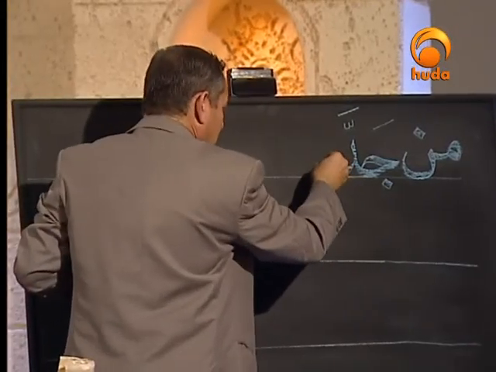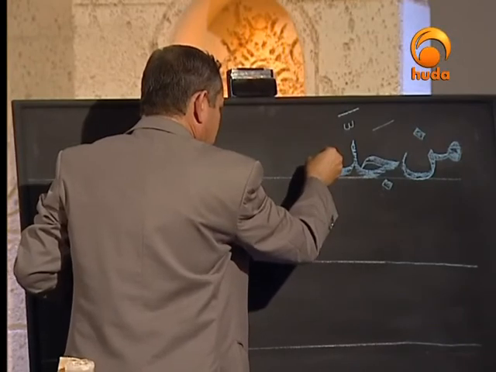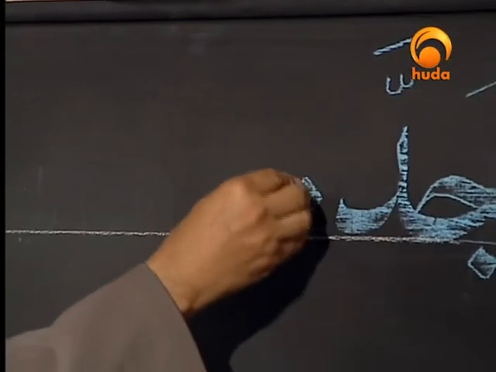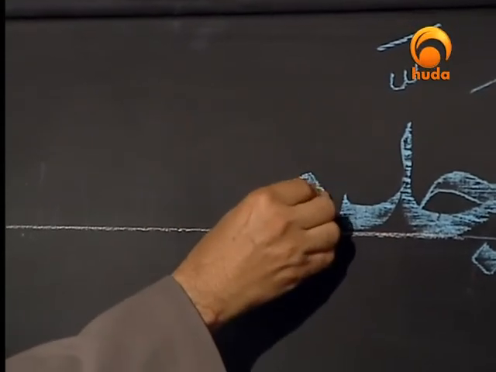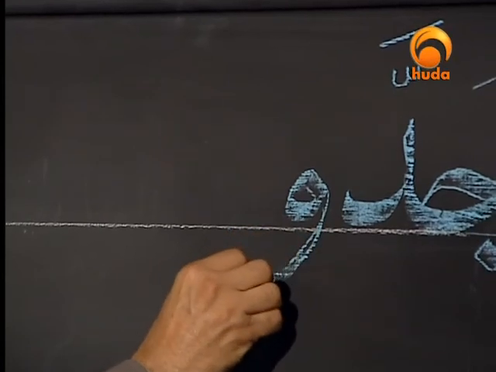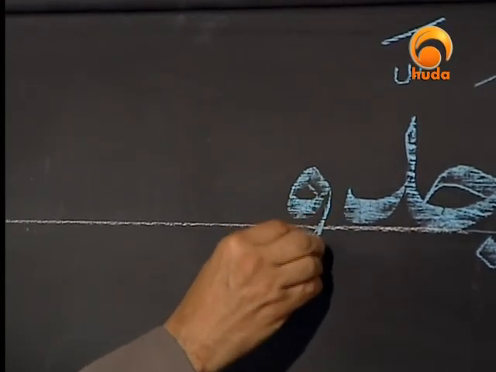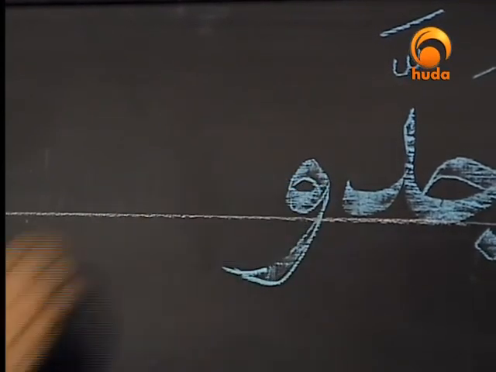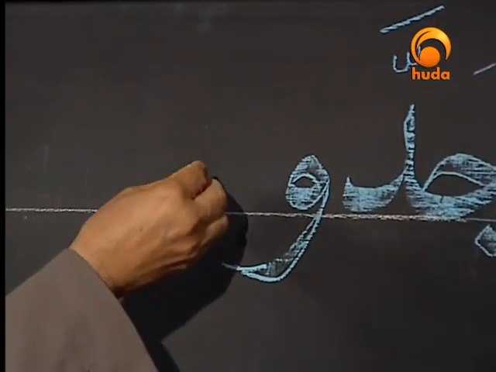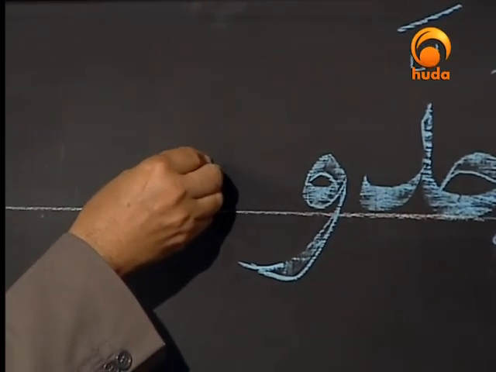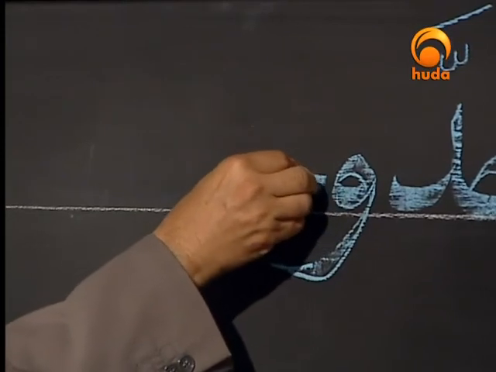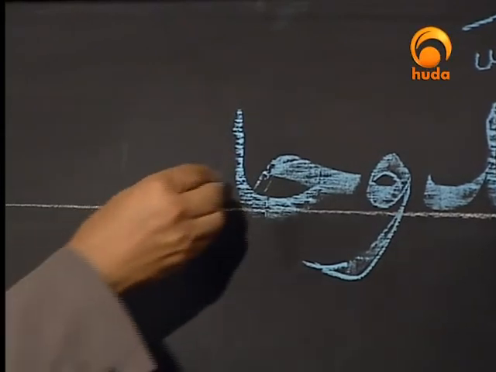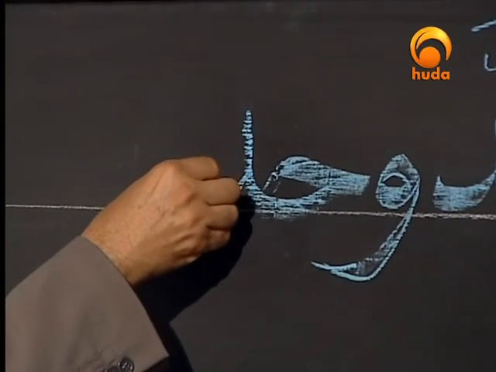Wajad, waw on the line, and the body of waw below the line. من جد وجد. Again the curve. I go up with a little curve on the left side.